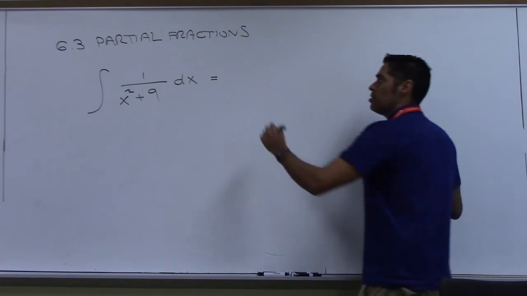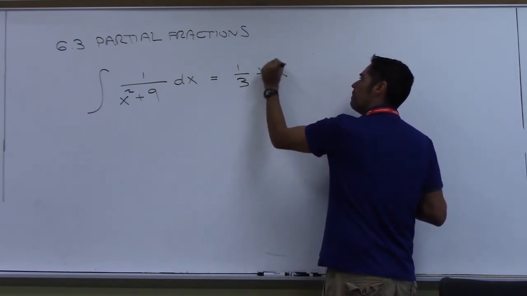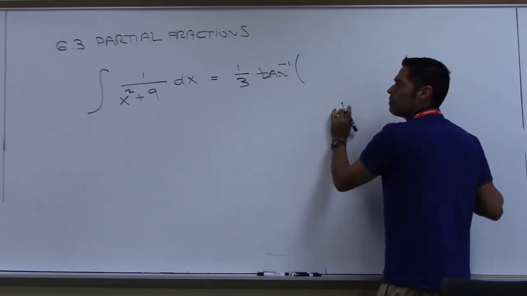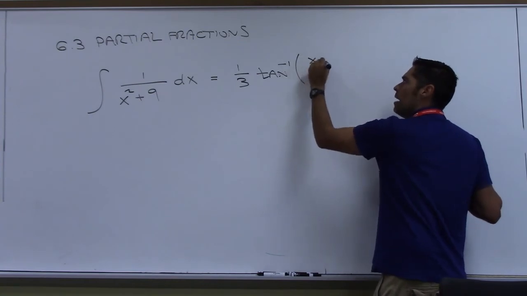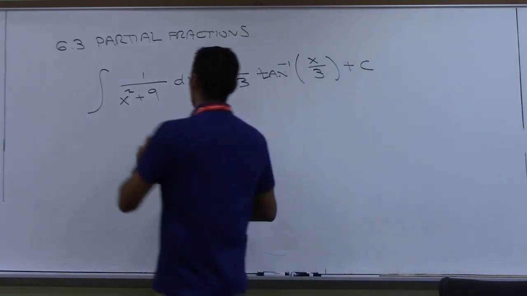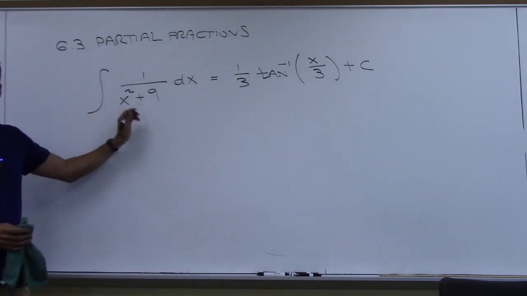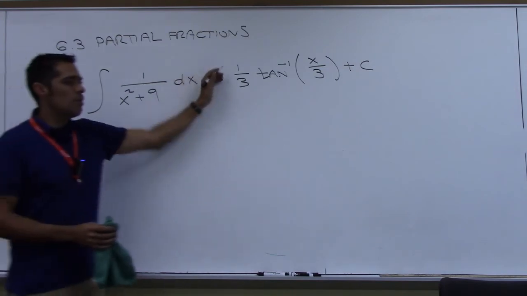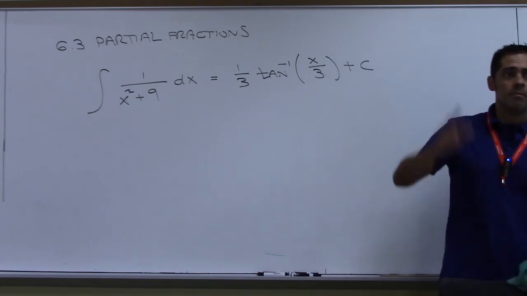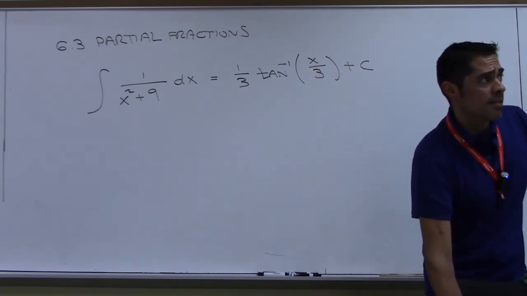So the formula says this should turn into 1/3 arctan of what? u over a, so x over 3, since x is the variable instead of u. The formula says if you have 1 over u squared plus a squared, it should be 1 over a arctangent of u over a. Yes or no?